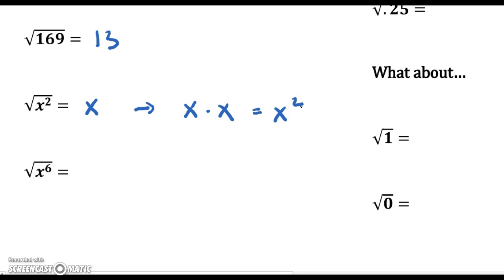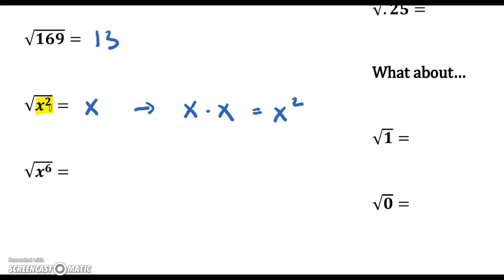Therefore, the square root of x squared is just going to be x. If this last one was a little bit confusing, it doesn't have to be a number. We can have a variable as well. What times itself gives us the thing under the radical sign, that's the thing we're looking for.